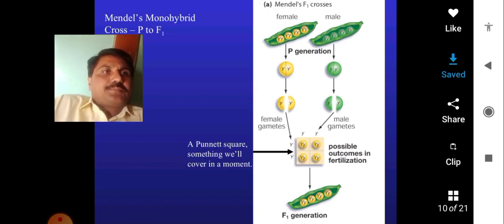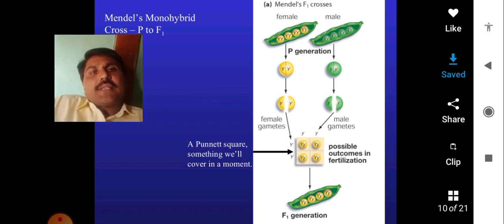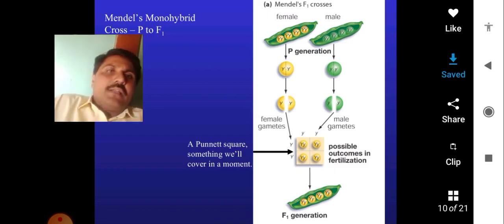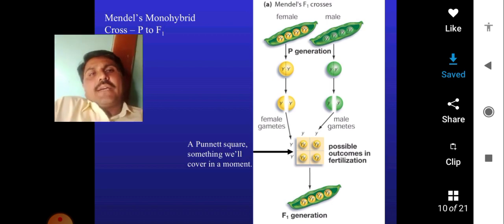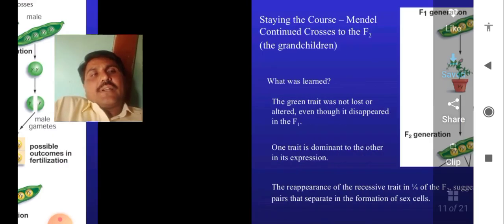That means the female is dominant over the male one, and the male is recessive, in the F1 generation, because no green color has appeared in this generation.